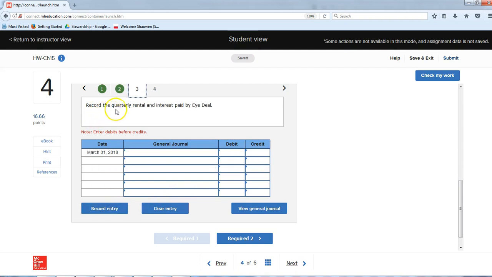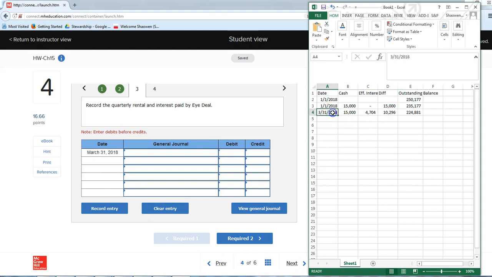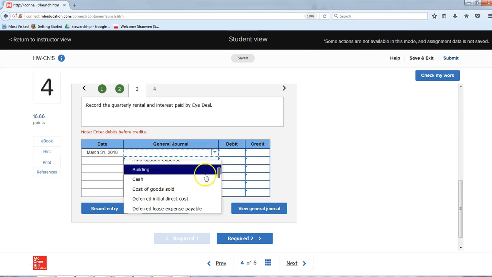And then record quarterly rental and interest paid by lessee on March 31st, 2018. On March 31st, 2018, they paid $15,000, which contains interest expense and lease payable.